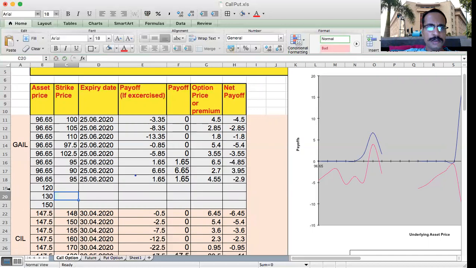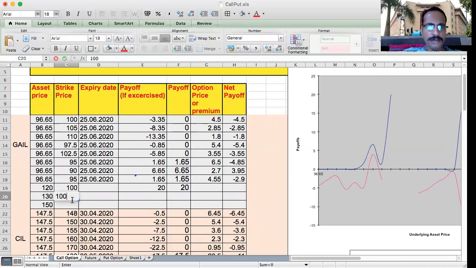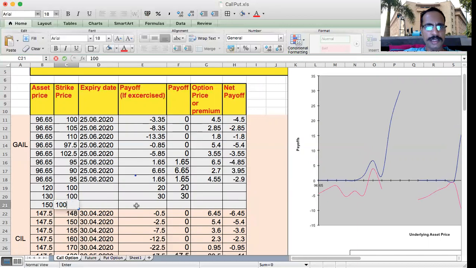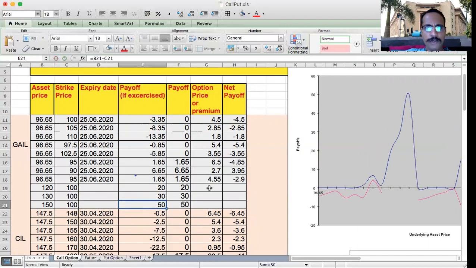Let us analyze this situation, and I have made this deal at 100, right? I have made this deal at 100, and for 100 the option premium, as we have seen above, is 4.5, right? So let us put it all 4.5. Let the date be like that only.